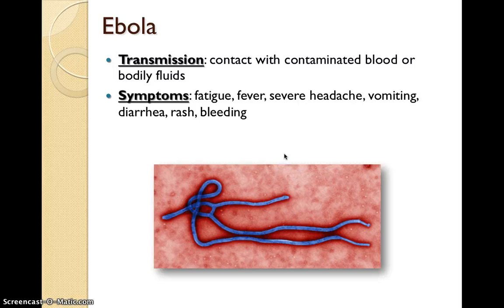So it is very hard to detect, because the symptoms can appear from day 2 all the way to day 21. That's why, if you go on the internet and do a search, you will see that they have a quarantine period to make sure this virus is not going to activate itself in the host body.